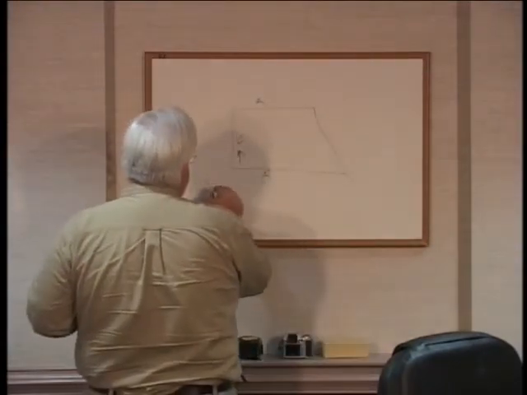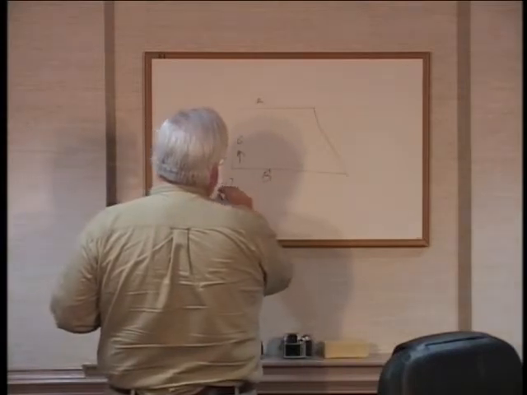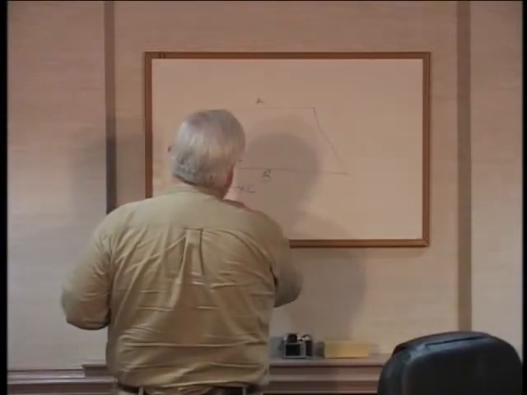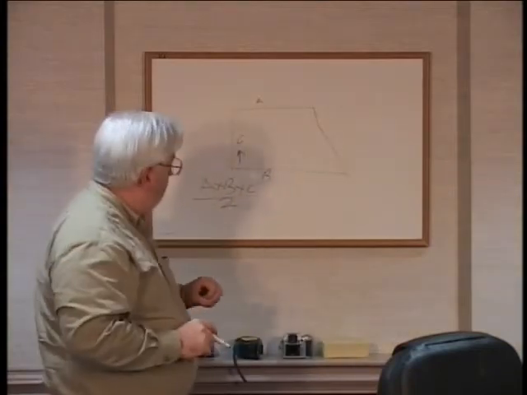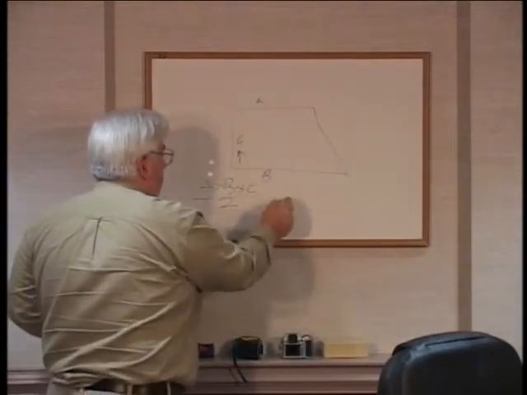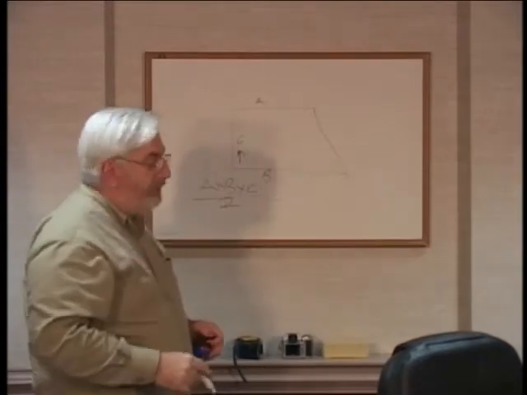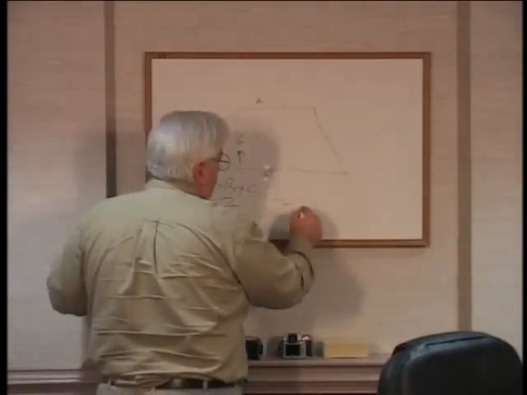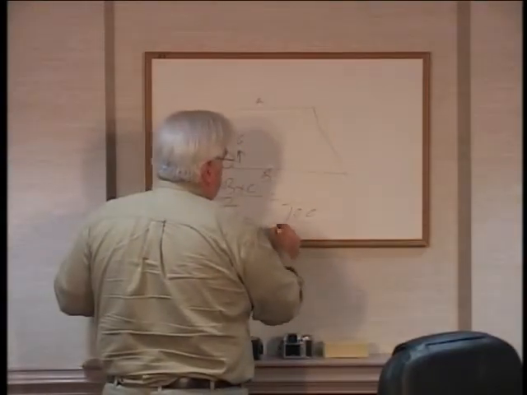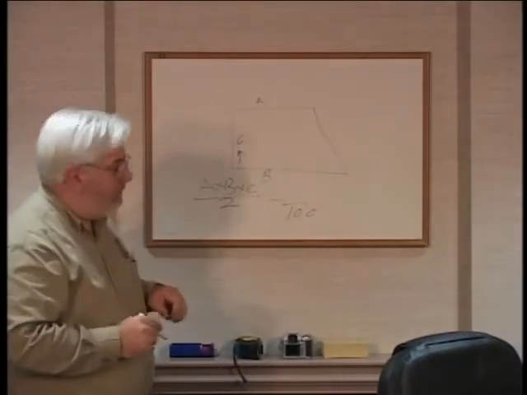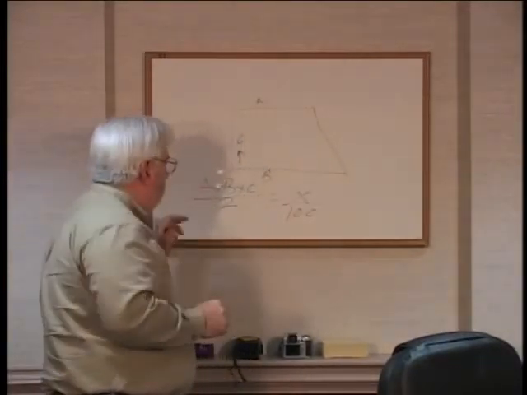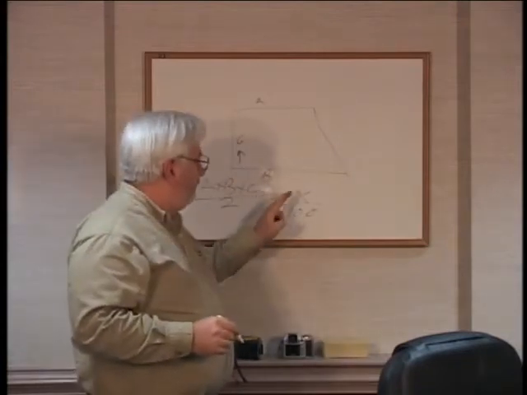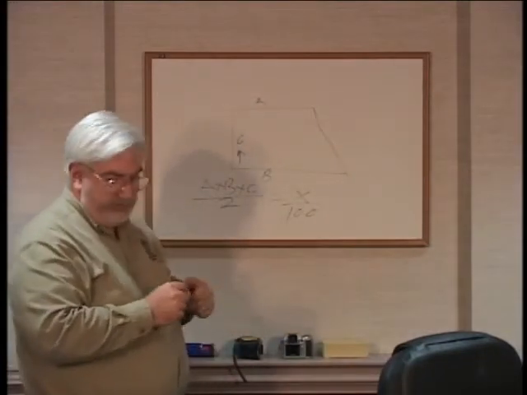So it's A times B times C, common rafter, divided by 2. Okay, and that'll give you the answer for the square footage. Then you divide that by what? 100. And as algebra would say, this is x. So this gives you x, and you take x and divide it by 100.